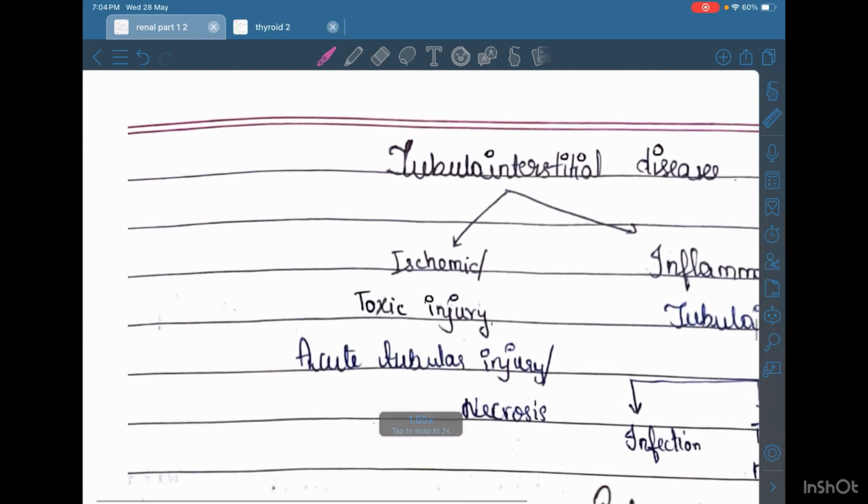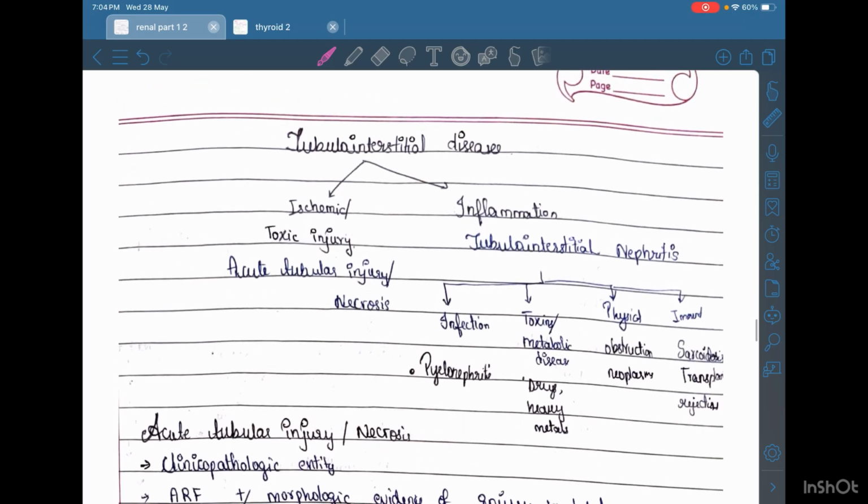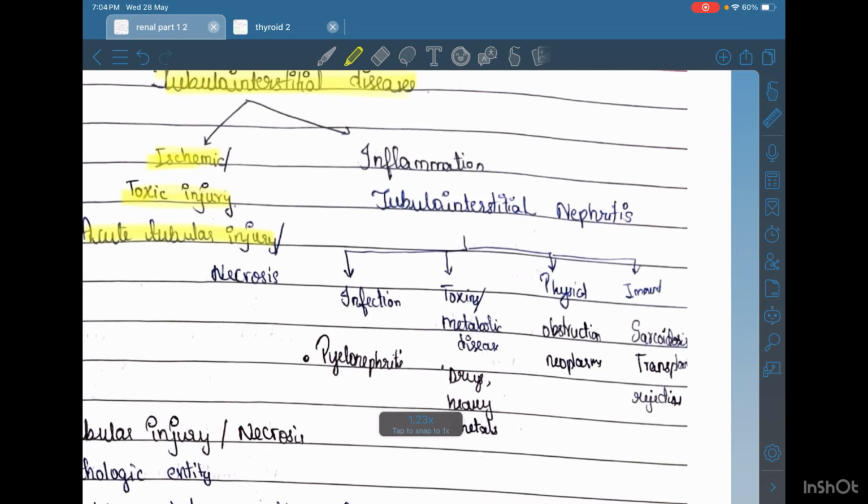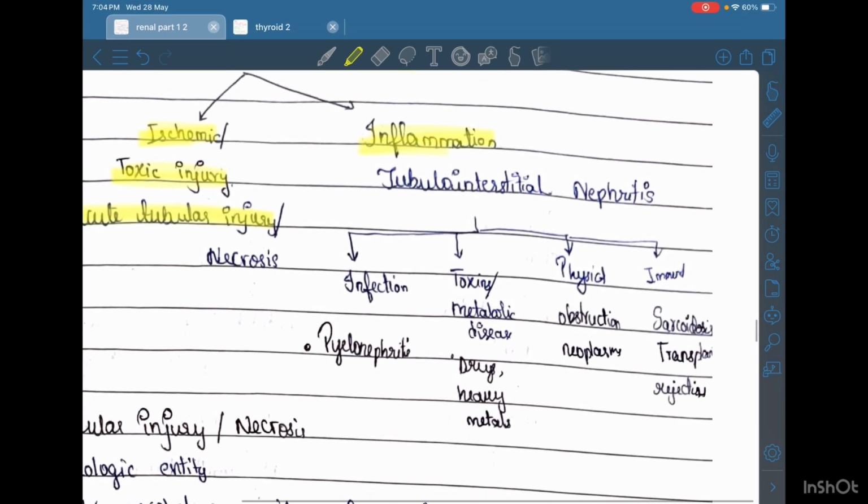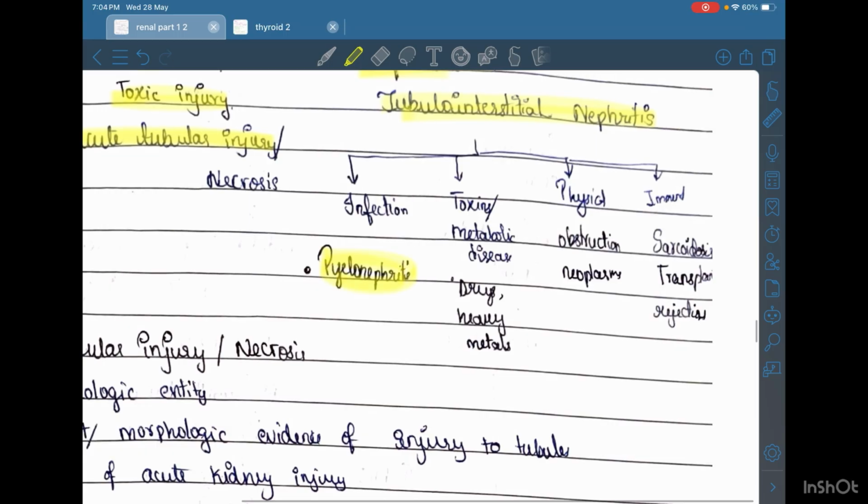Okay, now next, see, this is important. Tubulointerstitial disease you can classify into ischemic or toxic injury, which can be called acute tubular injury or necrosis. Then inflammation, it is tubulointerstitial nephritis. It can be infection, that is pyelonephritis.